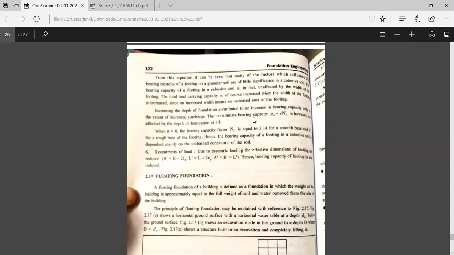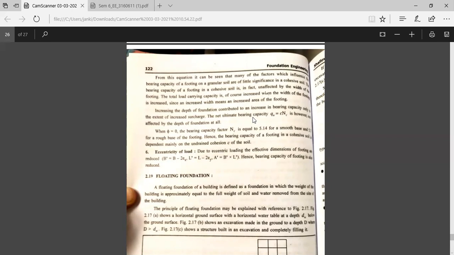So the net ultimate bearing capacity Qu is equal to C Nc. When phi is equal to 0, the bearing capacity factor Nc is equal to 5.14 for a smooth base and 5.7 for a rough base of the footing. So the bearing capacity of footing in a cohesive soil depends mainly on the undrained cohesion C of the soil.